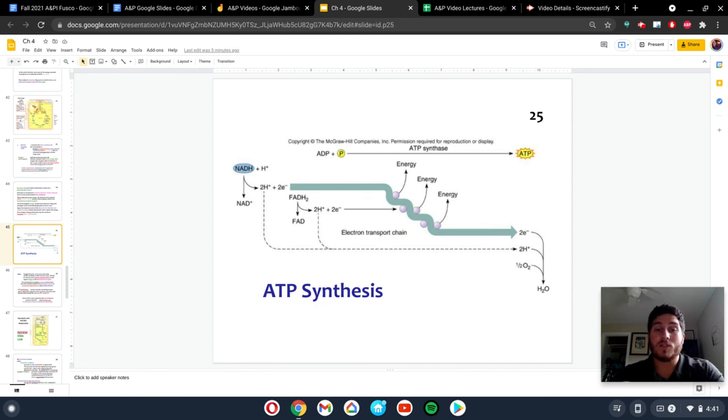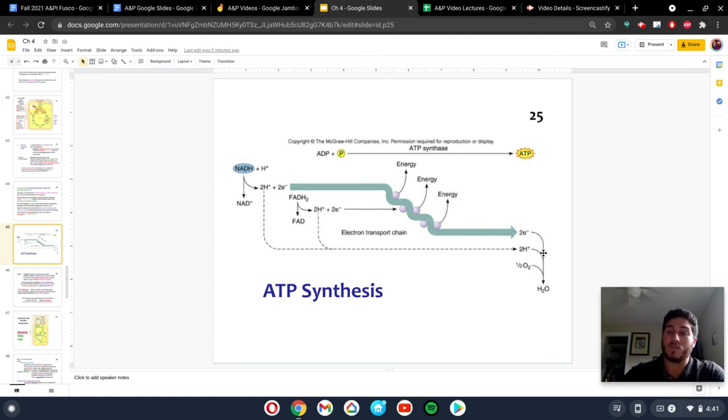So now we have a bunch of these little electron carriers, also known as coenzymes, the NADH and the FADH2, as well as some ATPs. And all of those are going to meet in this last step where we are going to get a mass production of ATP using the ATP synthase enzyme. All right, it's all because of the energy we got from these coenzymes.